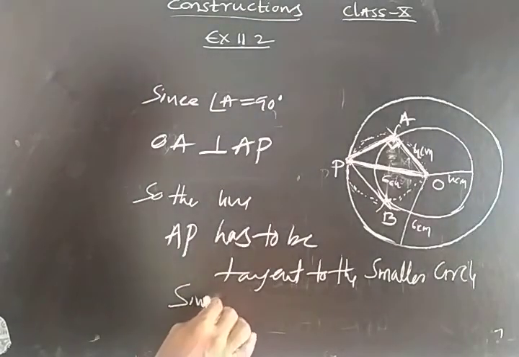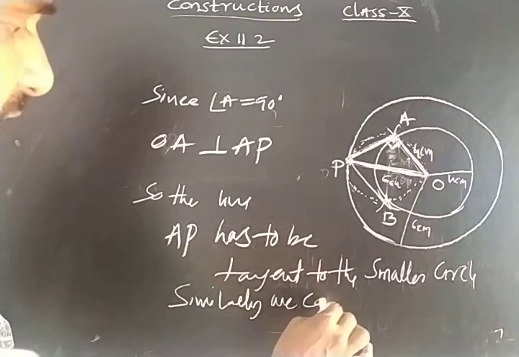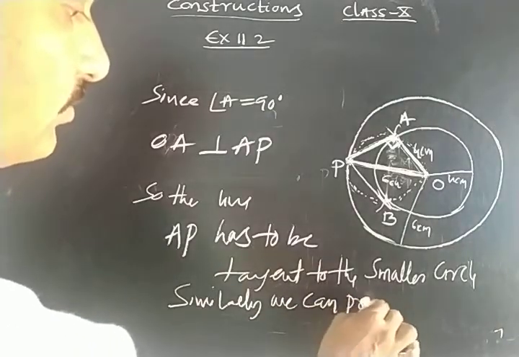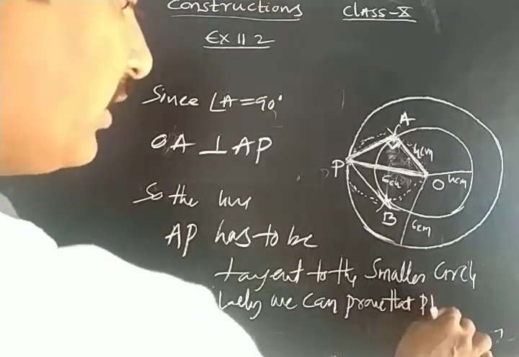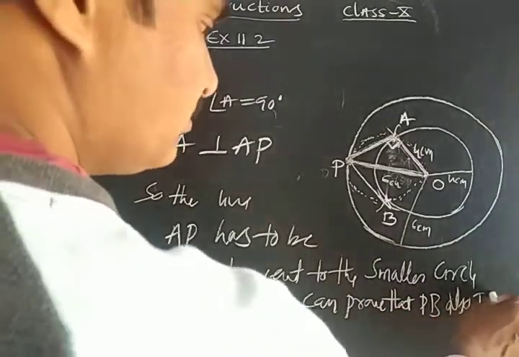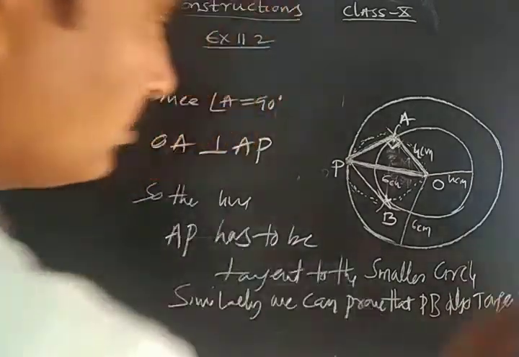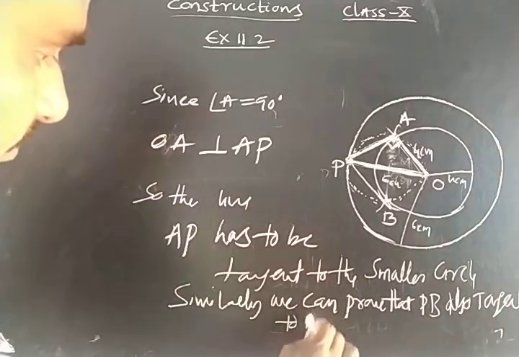Similarly, we can prove that PB also is tangent to the smaller circle. Okay, this is the construction.